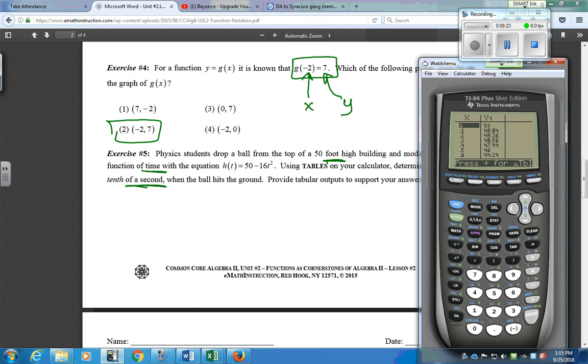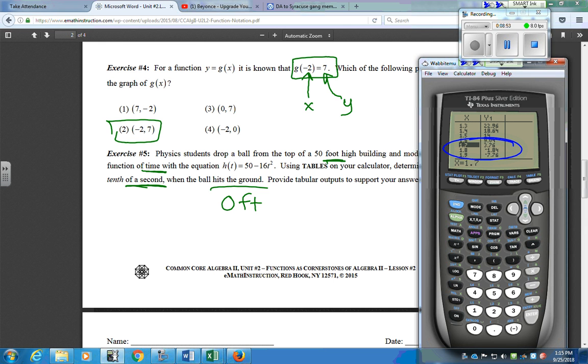So they want us to figure out when it's going to hit the ground. Well, if it hits the ground, that means it's at 0 feet. So we have to find the number where we're closest to 0. There's no easy way to do it after you switch it. You just have to go through. It looks like right here, between 1.7 and 1.8, is the part where we cross through 0. To the nearest tenth, which one's closer?